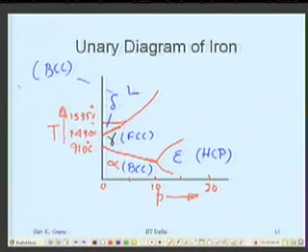Now let's look at your table which you had seen earlier. One phase in equilibrium. Okay? Alpha is in equilibrium. It's an area bounded by the boundaries. Epsilon is an area bounded by the boundaries. Delta is an area. Gamma is an area. And liquid is an area.